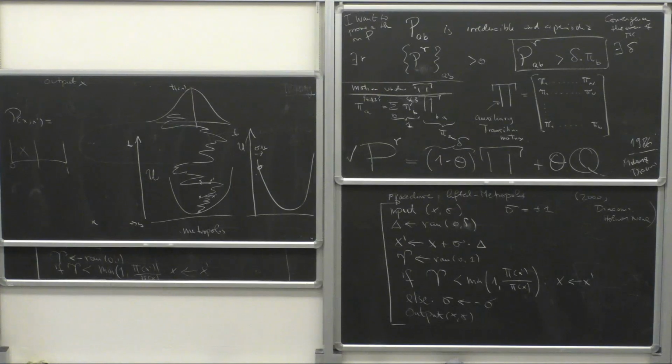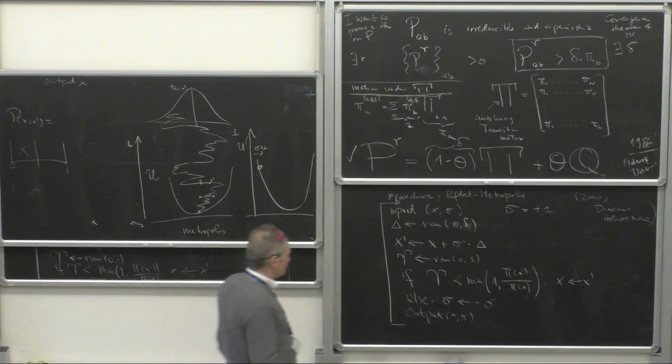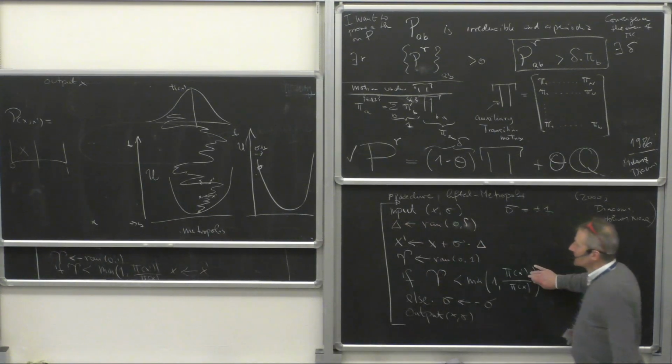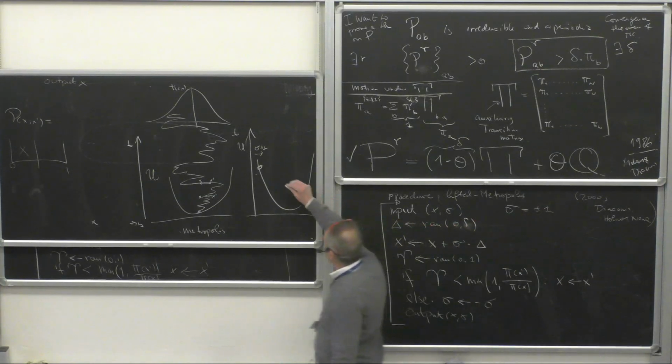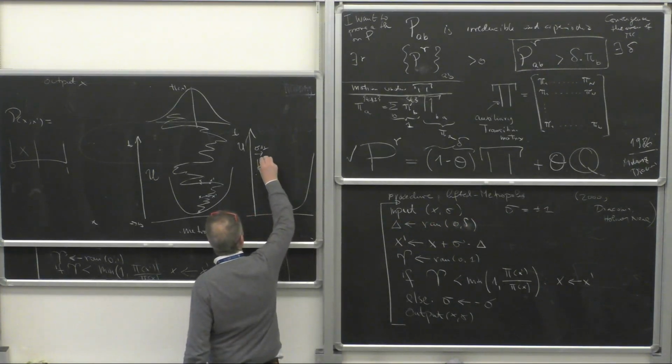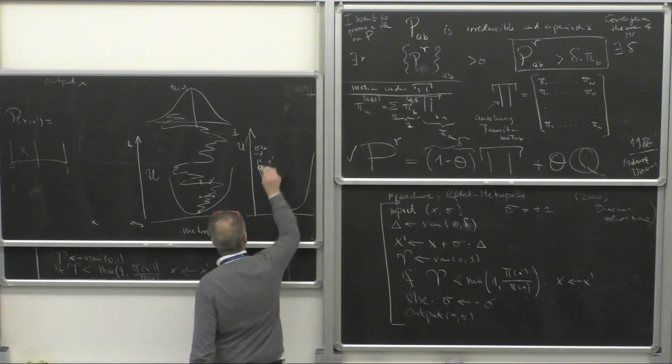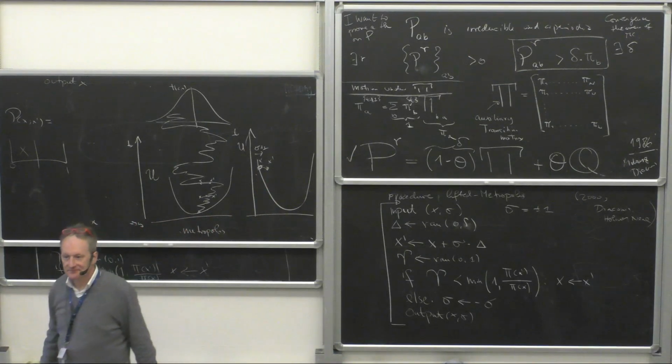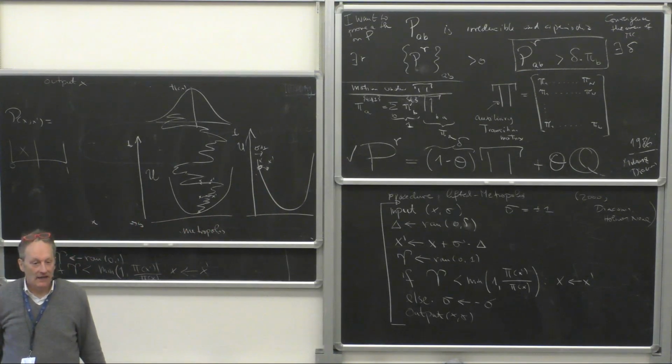All right. Okay, so we have a sigma which is plus or minus 1. So I'm proposing a move in a direction. What am I going to do? Delta is quite small. Just run through the algorithm. I'm proposing the move from x to x prime. Am I going to reject that move?